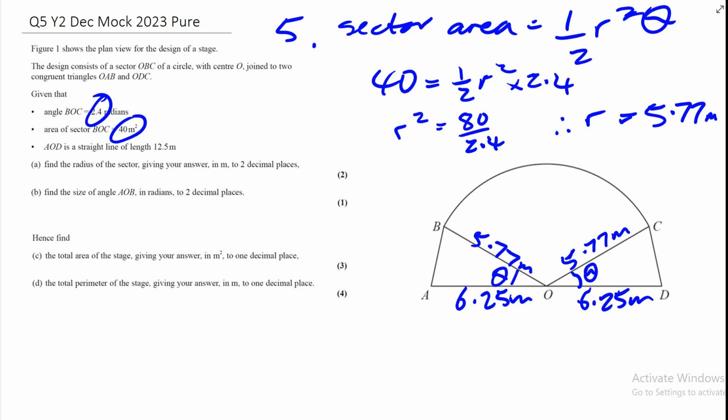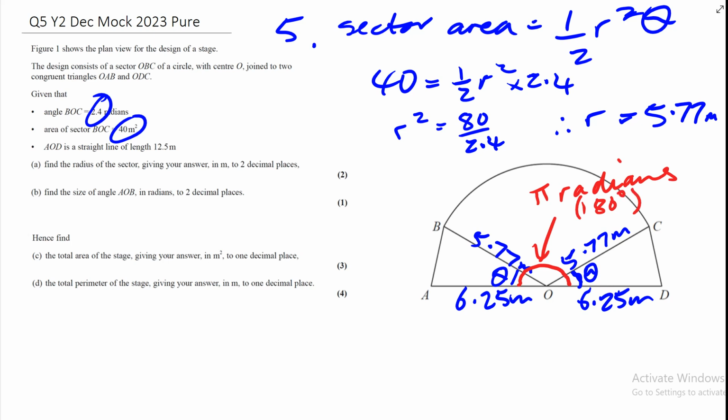So in part B, in order to find that angle theta, what we could do is we could do this big angle here, which would be 180 degrees if we're in degrees, but it's pi radians, isn't it? So pi radians is 180 degrees.